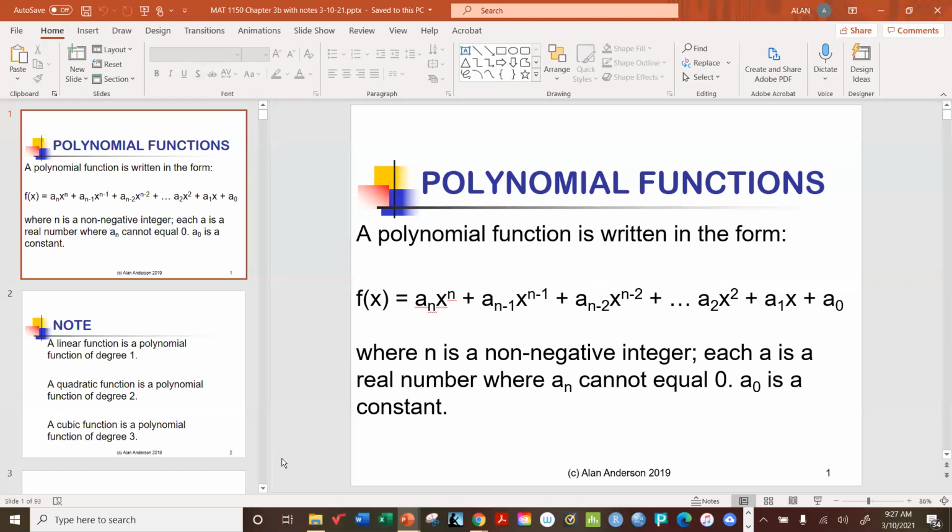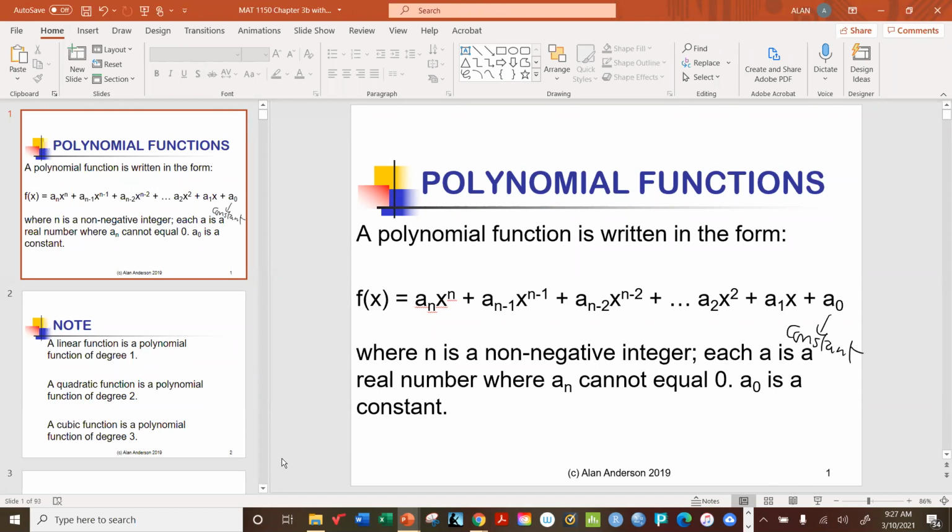You can see it looks very complicated because we're trying to express a very general idea. This applies to every polynomial out there. And you notice the 3 dots, which means that it keeps going down until we reach these last 3 terms. This last one is just simply a constant.